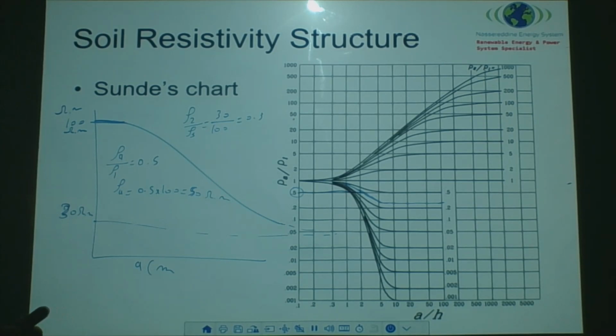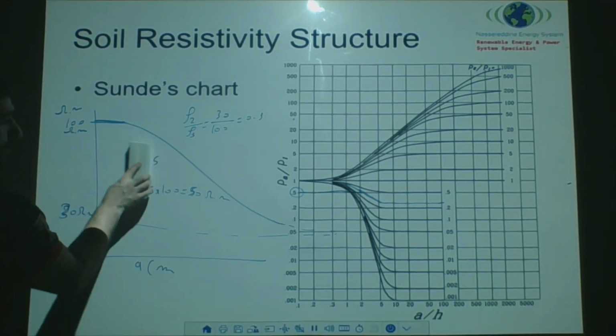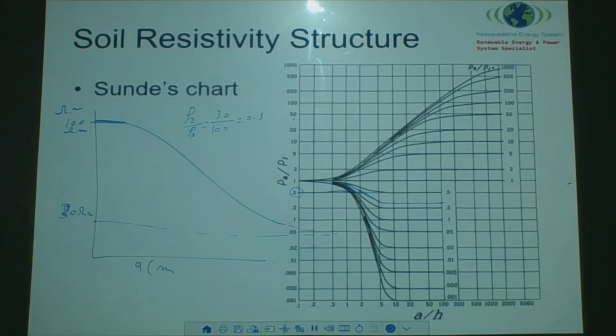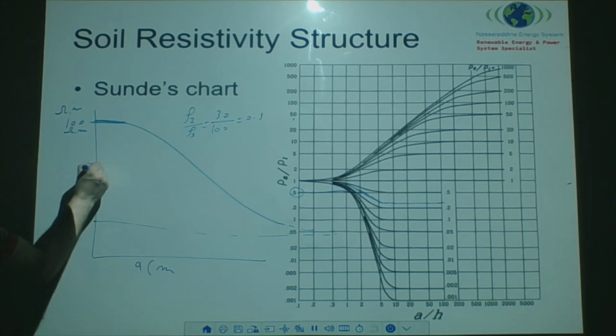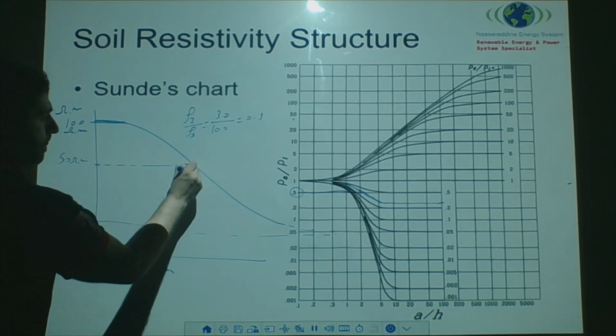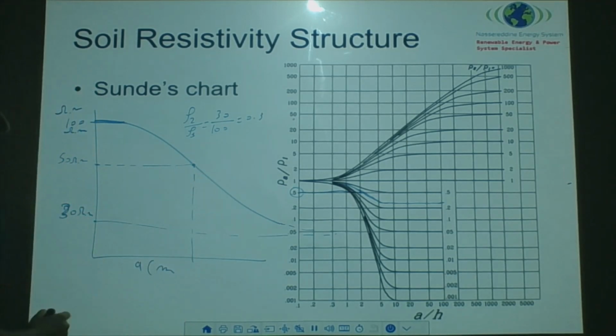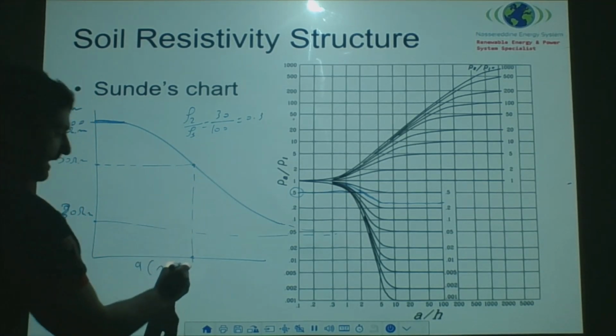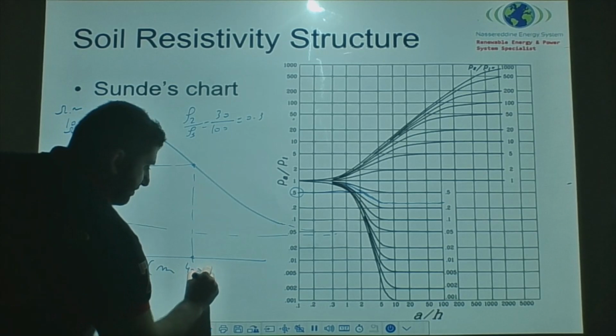So now, what do I have to do? Step number 2 is 50 ohm per meters. I go back and I say, where's the 50? Let's say that's 50 ohm per meters. Let's assume that's 40 meters, for example.